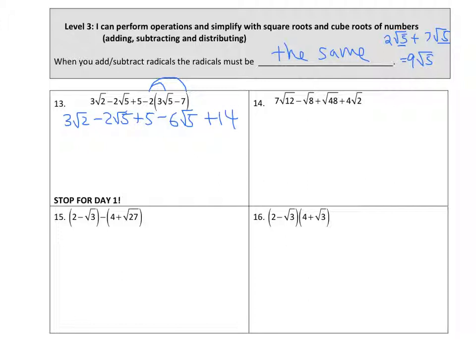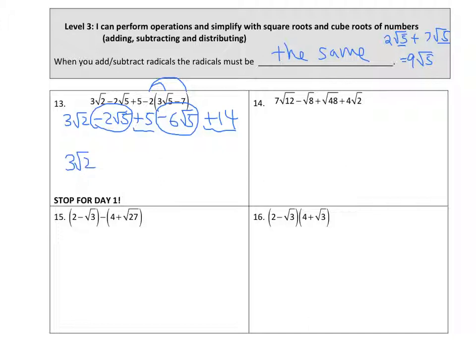Now, any radicals that are the same can be combined. So right here, I have a radical 5, and right here I have a radical 5. Those can be combined. My regular numbers can be combined, and the 3 radical 2 can't be combined with anything. So I just bring down 3 radical 2.